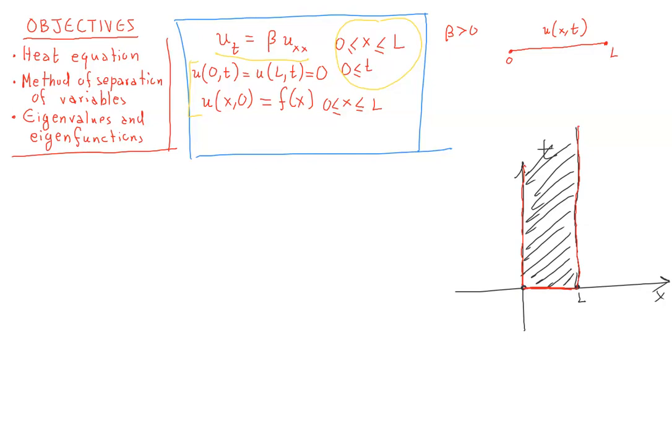Okay, so now the question that comes up is, how do we solve this problem? And I would like to outline the method. Okay, so this is going to be much different from anything we have seen so far.